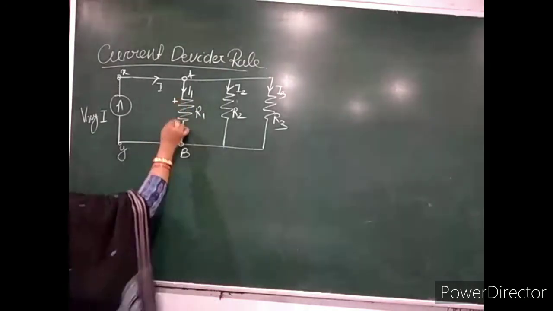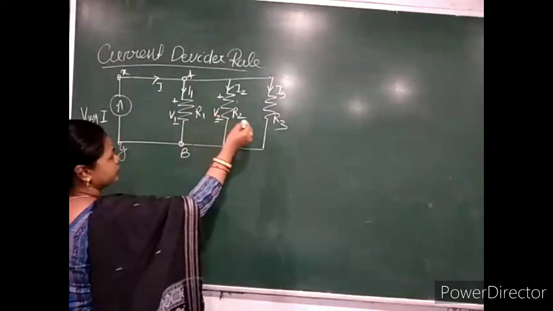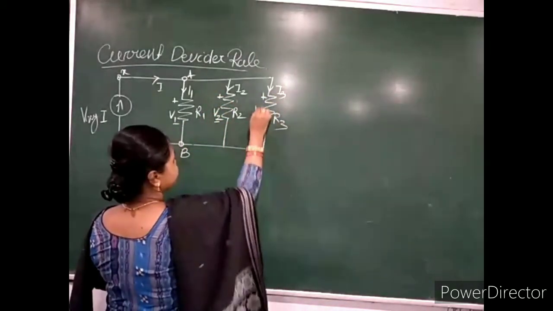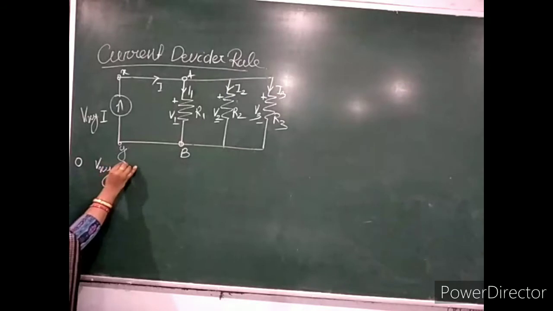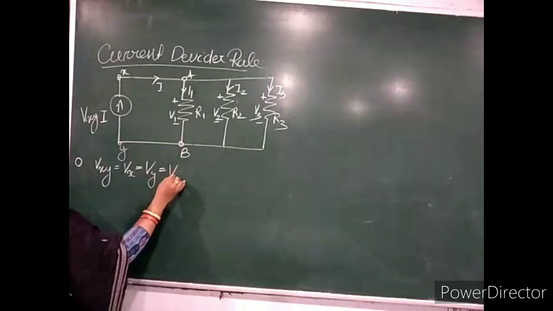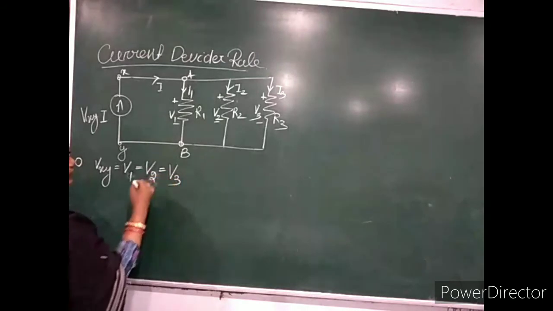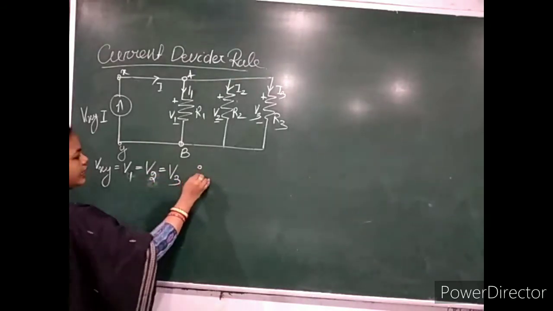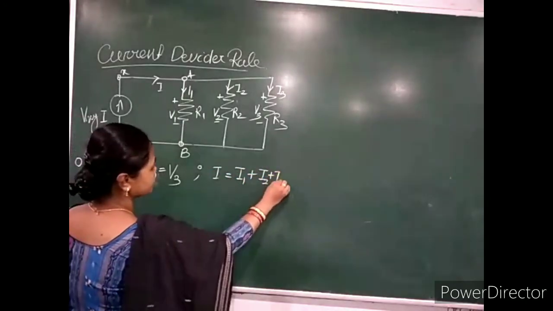Let the voltage across R1 be V1, across R2 be V2, across R3 be V3. According to the properties of a parallel circuit, Vxy is equal to V1, V2 and V3, and current I is equal to I1 plus I2 plus I3.